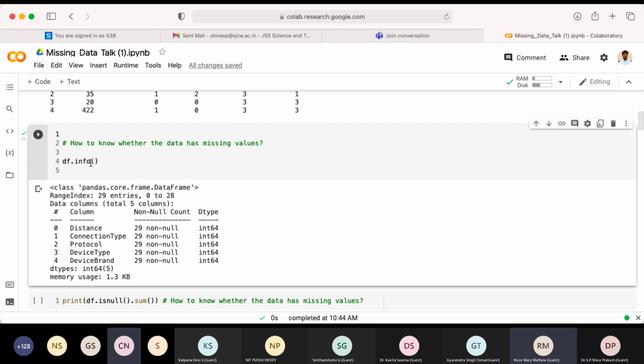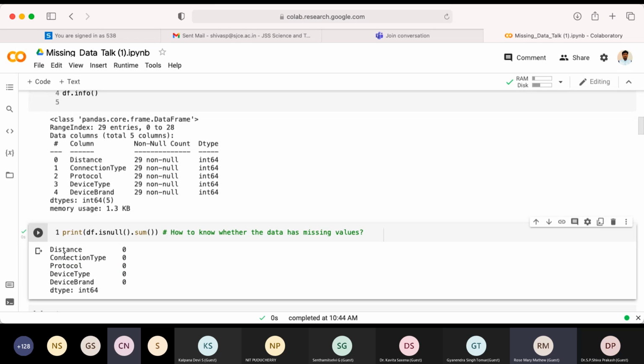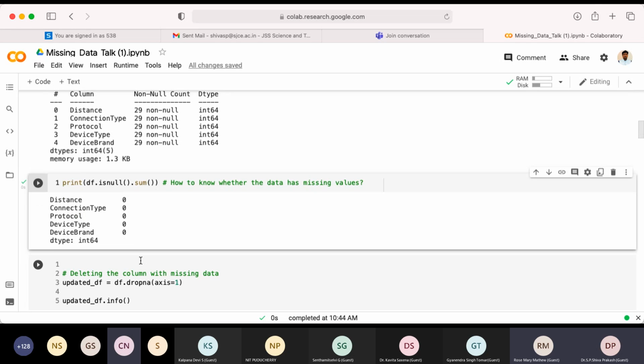Here you can see no data are missing in this case, right? And also to count whether the data has missing values or not, again, in this case, you don't have any missing data, right?